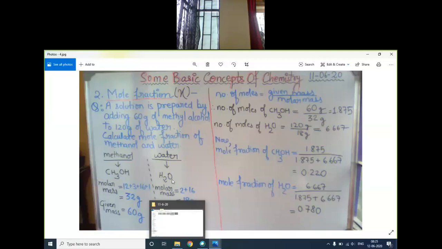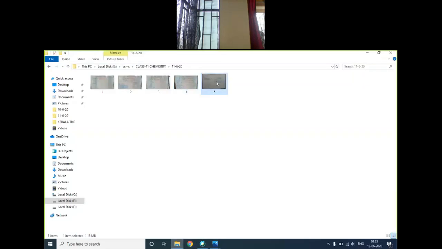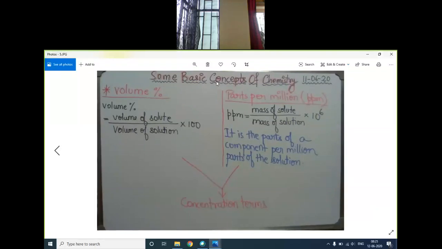So these are the two concentration terms we have read till now. One is mass percentage and second one is mole fraction. There are two more concentration terms like this only. We have calculated mass percentage. Similarly, we can calculate volume percentage also if volume is given.